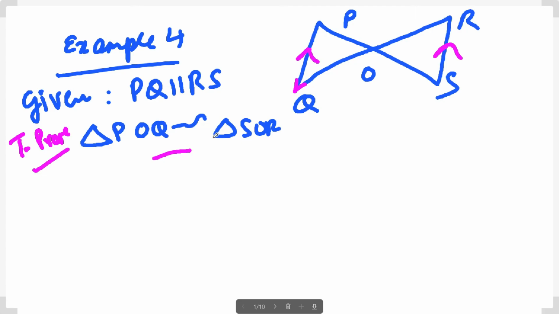So let's look at these triangles. It's said that this is parallel to this, so that means this angle and this angle is equal, right? Alternate angles.